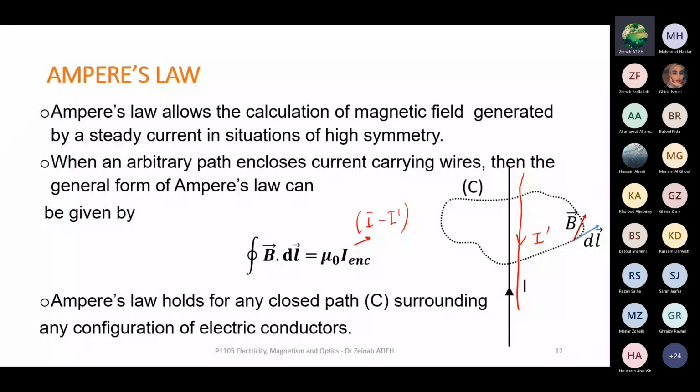Because the currents are moving in opposite directions, I enclosed is the algebraic sum and not a normal sum. It's the algebraic sum with signs. The magnetic field will rotate depending on the one with higher current. So this will be explained when I solve. Okay, so this is for our chapter.